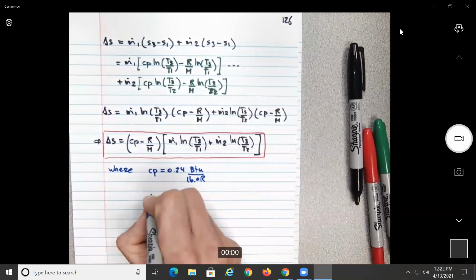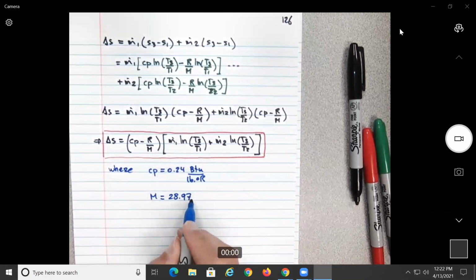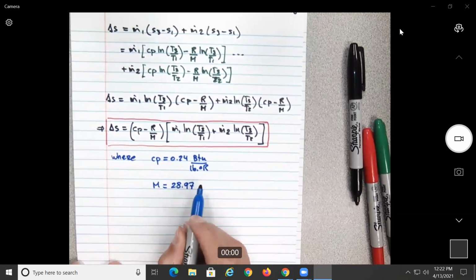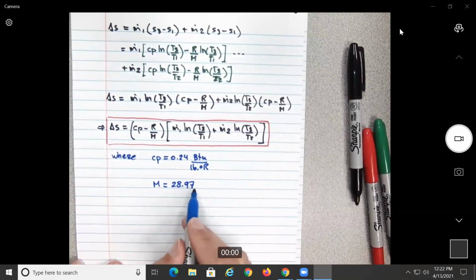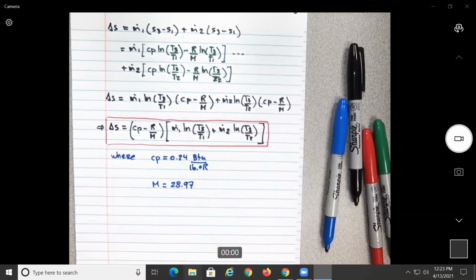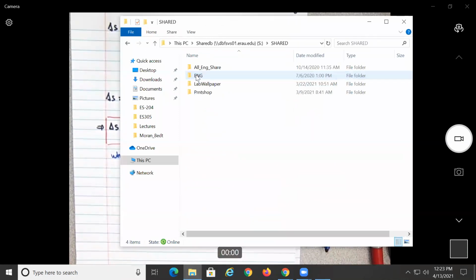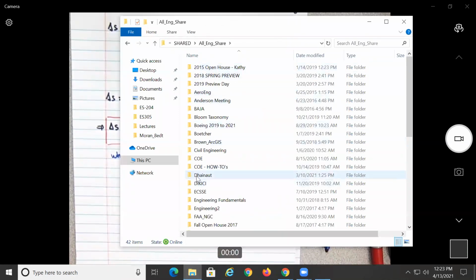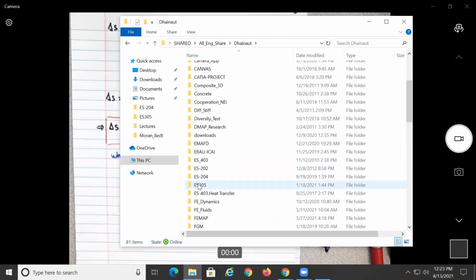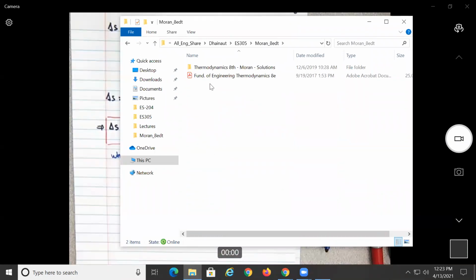M will be how much? I think it's 28.97, no? This should be from table A1. It shouldn't matter which table or which book it's coming from.